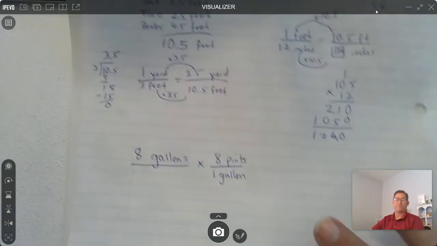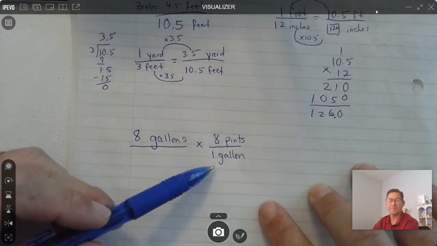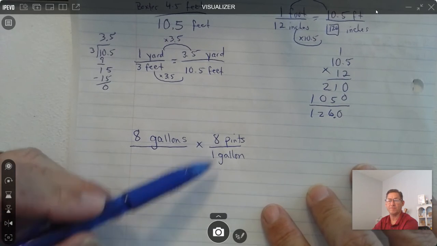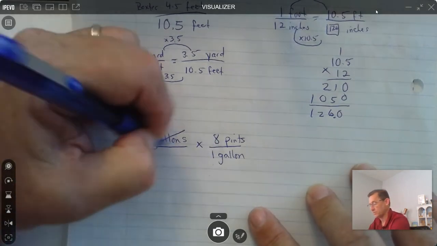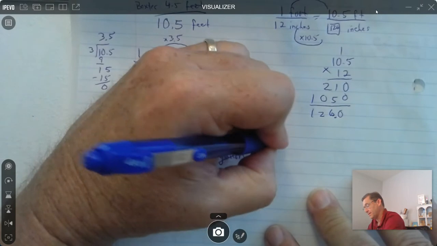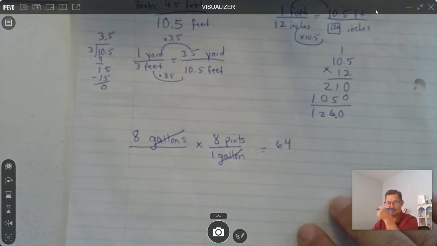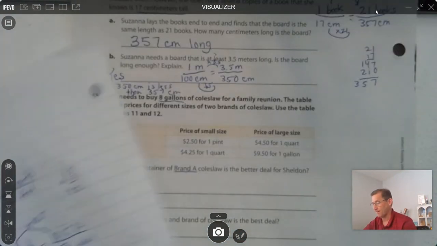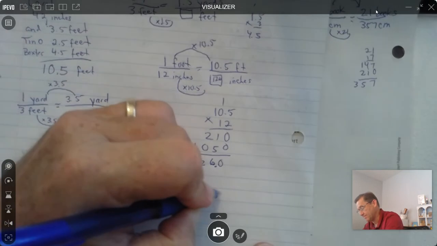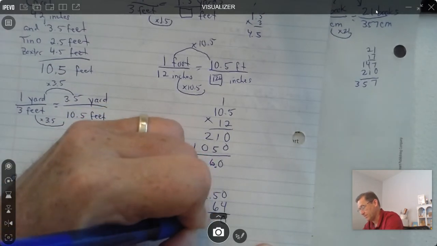And on number 8, when we first started this lesson, we found that 1 gallon was equivalent to 8 pints. So let's just go ahead and start there. So he's going to need 64 pints for $2.50 each. So let's see how much that's going to cost him.